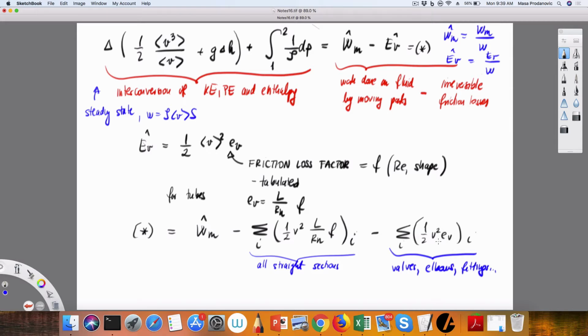And for those, I go to find EV in tables. So one such table is BSL table 7.5-1.